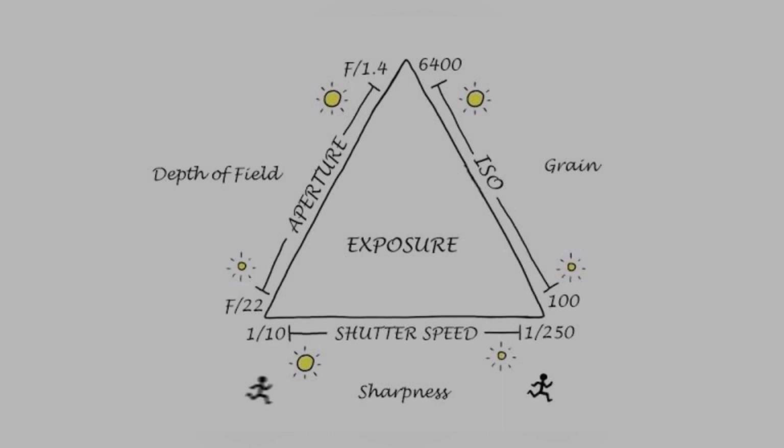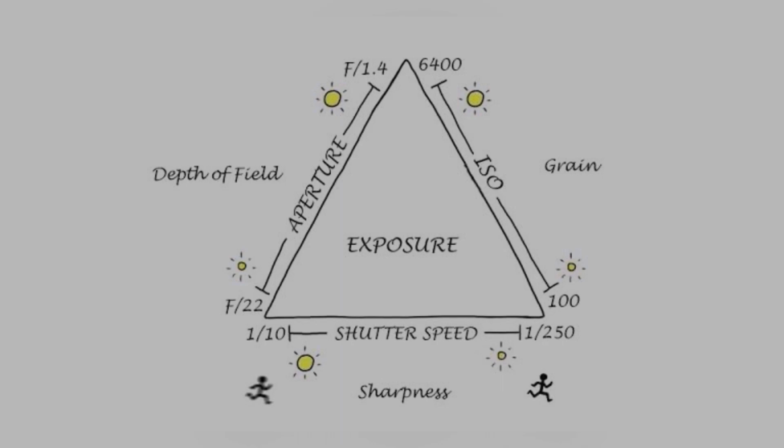Similarly, for shutter speed, which we usually use for action photography, it is fast at 1/250 of a second and allows less light to enter the camera, and we have much more light at 1/10 of a second.